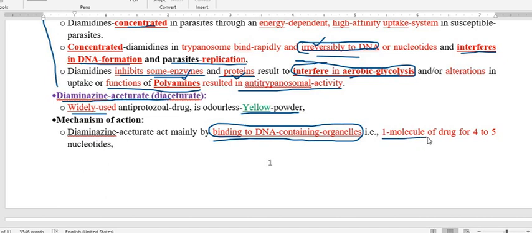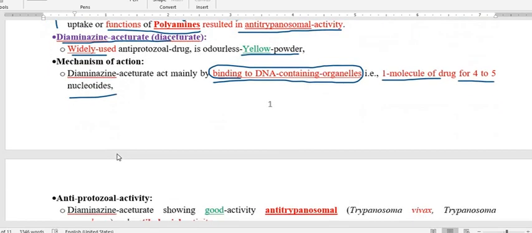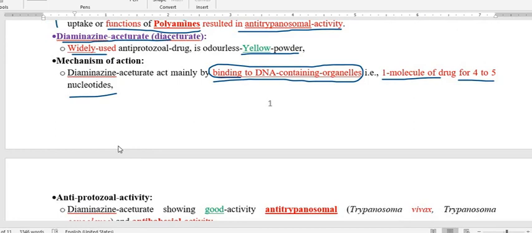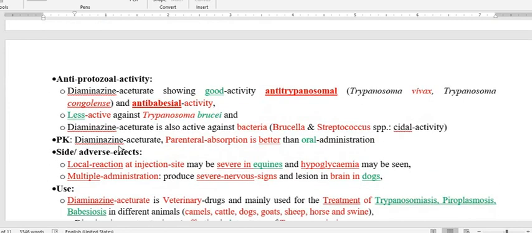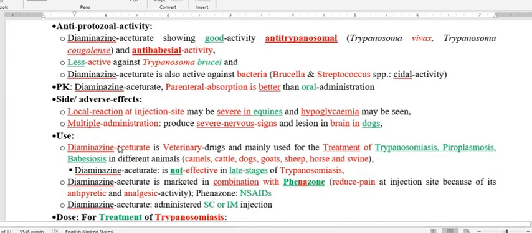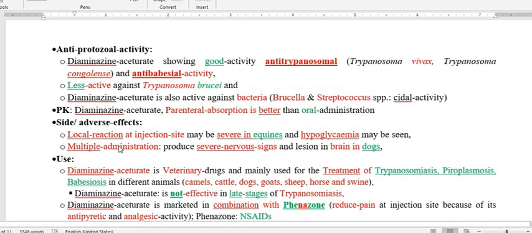It will affect DNA formation. The ratio of binding is one molecule of the drug with about 4 to 5 nucleotides. So this is about the mechanism of action.